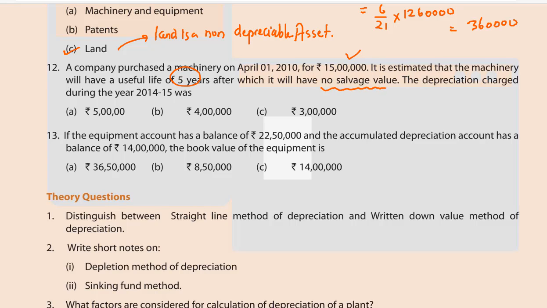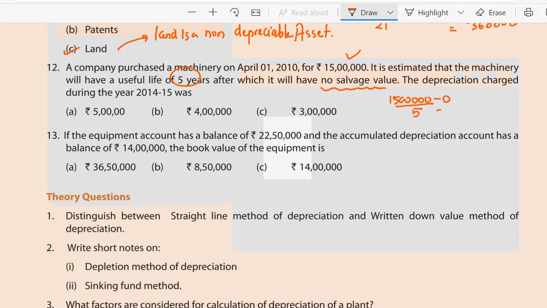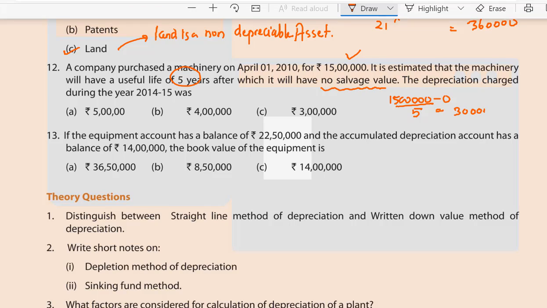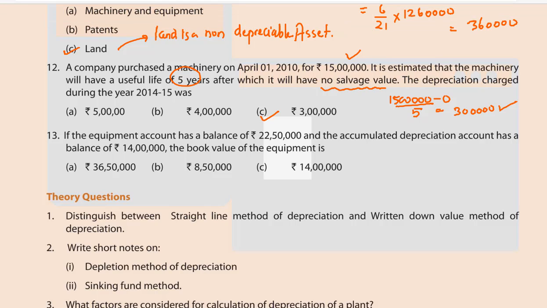The depreciation charged during the year is 15 lakhs minus 0 divided by 5. Cost is 15 lakhs, salvage value is 0, divided by 5, 3 lakhs. C. Question 12 C.